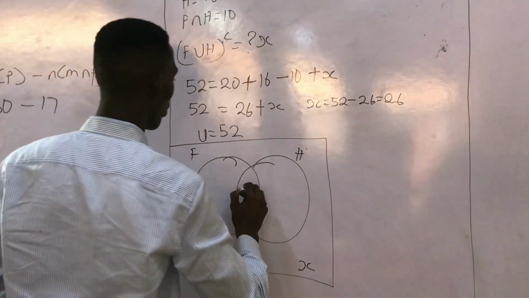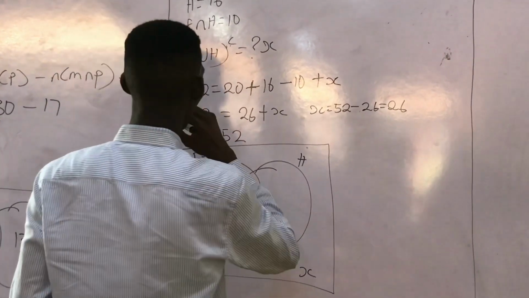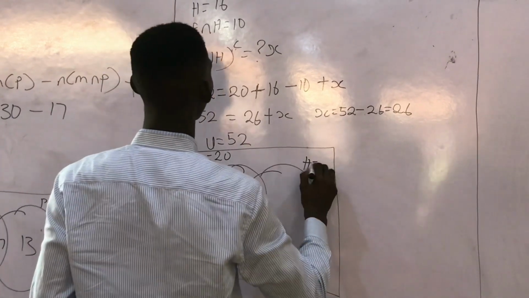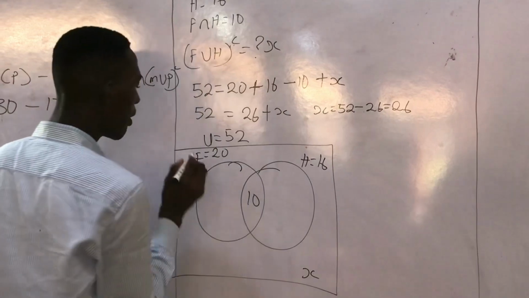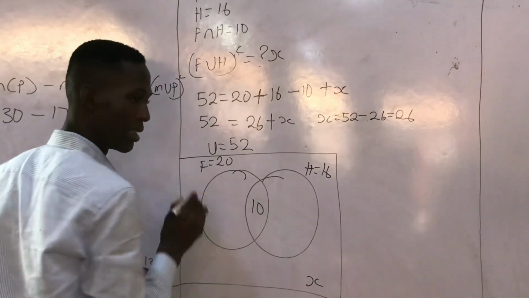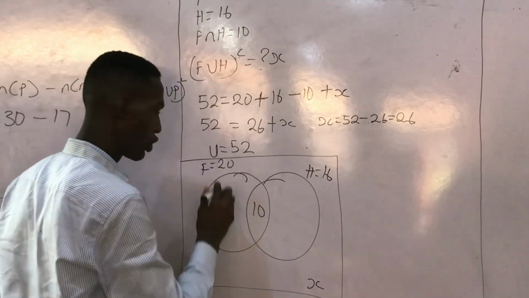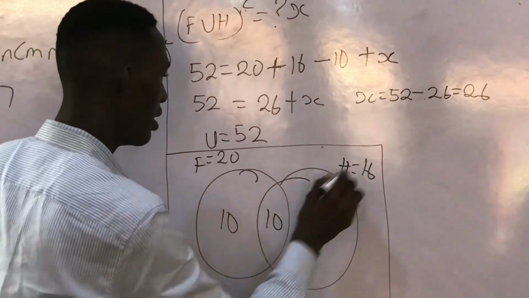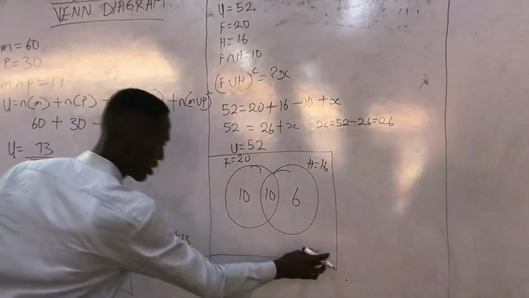We're told that the intersection of both is 10. Our football here is 20, our hockey here is 16. So to get our football only is 20 minus 10, because the sum of this will give us 20. So that's 10. 16 minus 10 is 6.